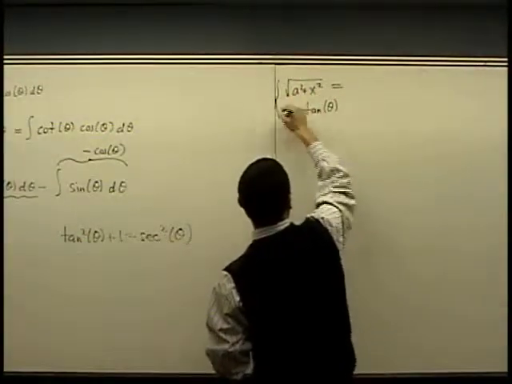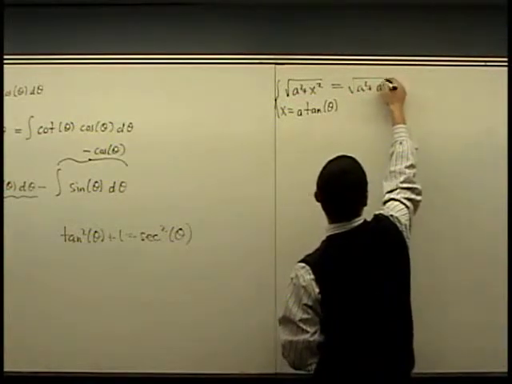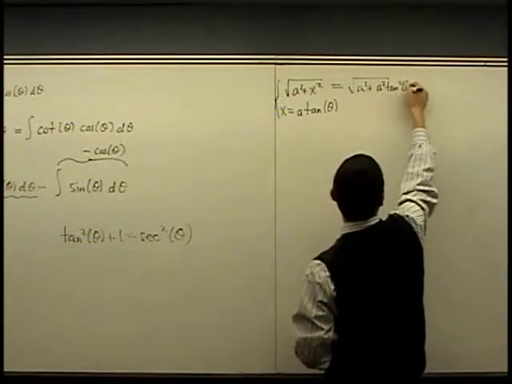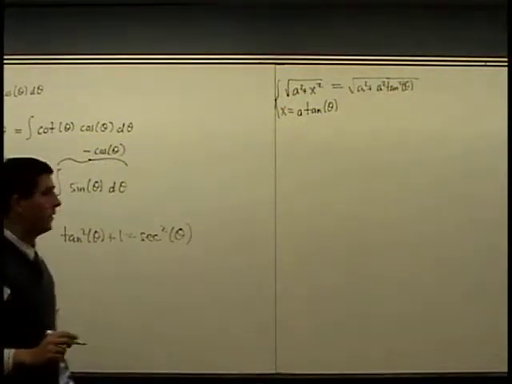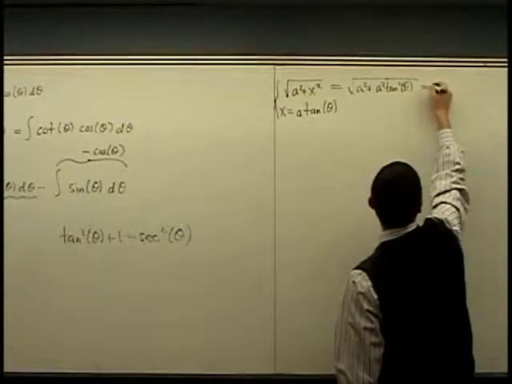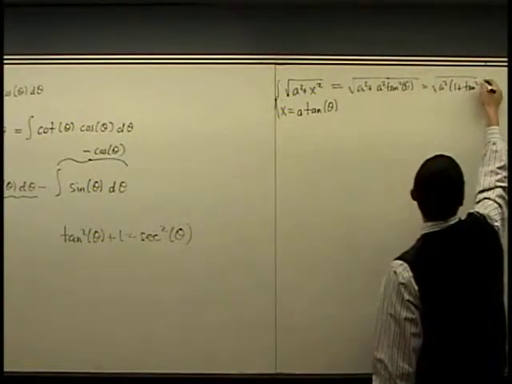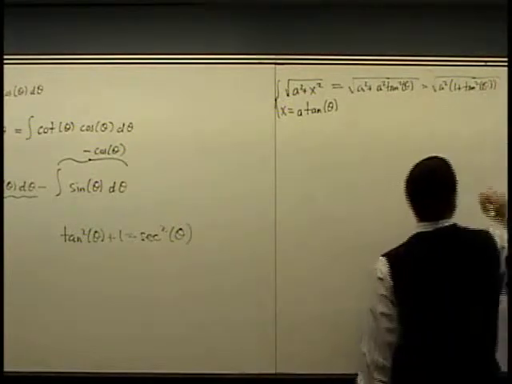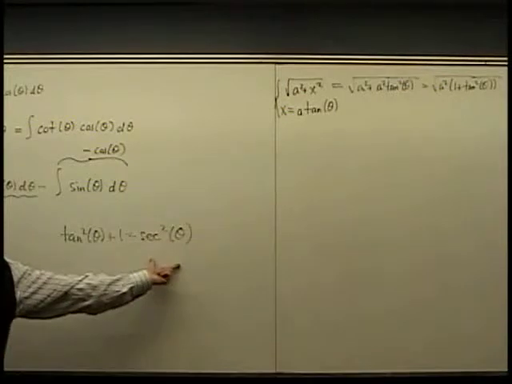Okay, so with this substitution, we get a squared plus a squared tangent squared. If I factor out my a squared, I get 1 plus tangent squared. My 1 plus tangent squared is the secant squared.